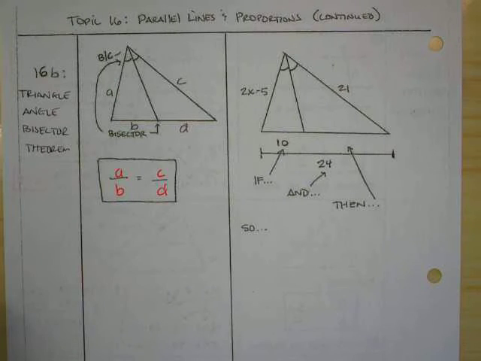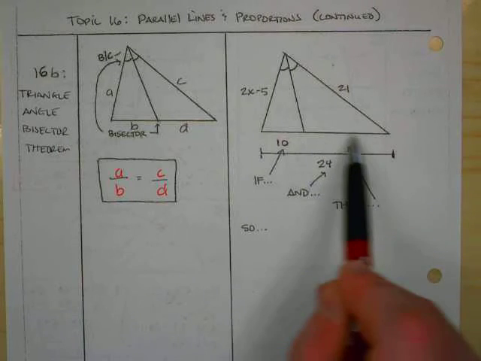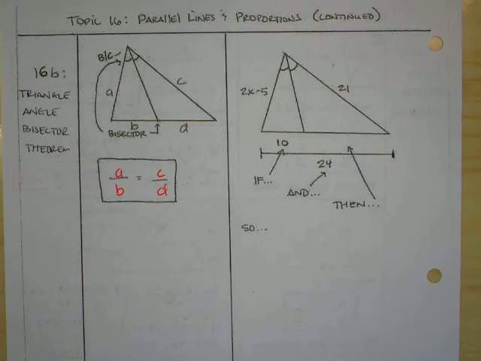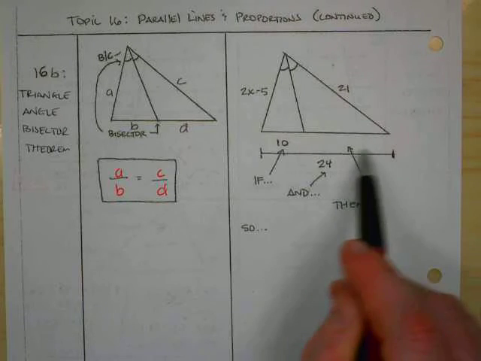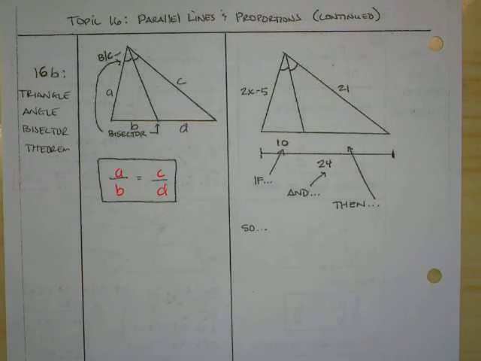Okay? So if we were going to do an example as we've got over here on the right hand side, what exactly would this look like? If you will notice, yet again, there is a missing piece of information that they have not given me here. Okay, so I need to know what this segment is right here if I'm going to be able to set up my proportion.